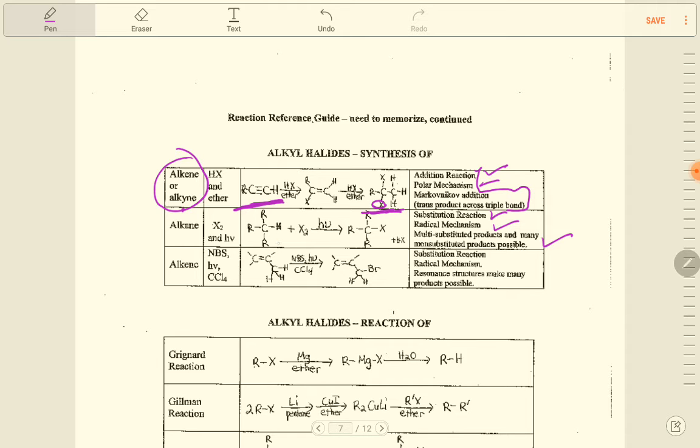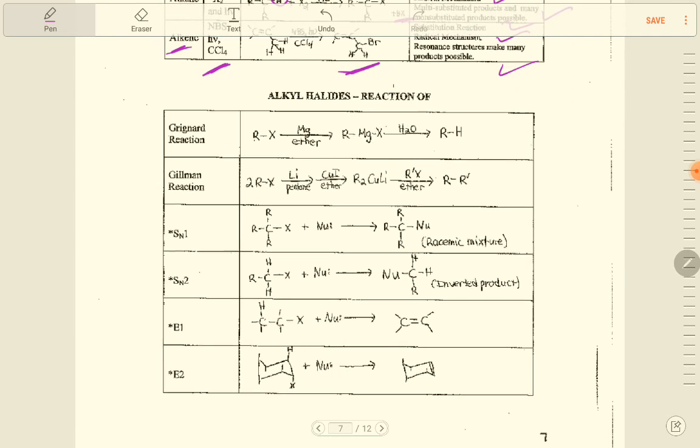So this is alkane and X2, so that X2 is going to substitute one of the H here, and HX is going to be taken out. Now we have an alkene and NBS with hv and CCl4. With that we are going to make the alkyl halides. Again, it's a substitution reaction, a radical mechanism, and a resonance structure forms. So you can follow those steps and synthesize those.